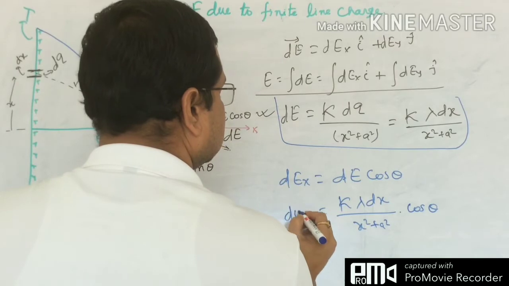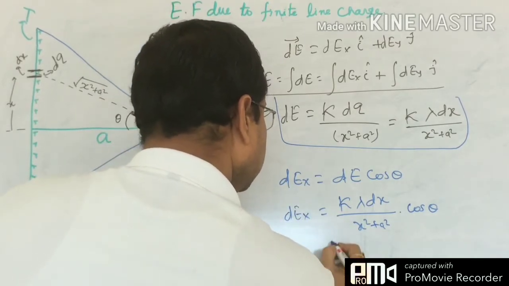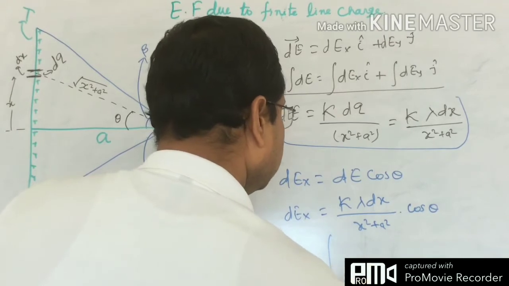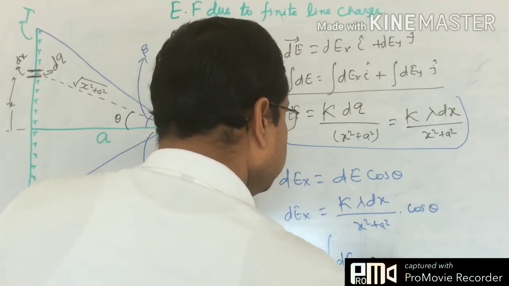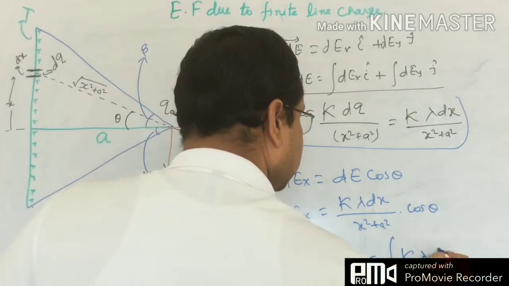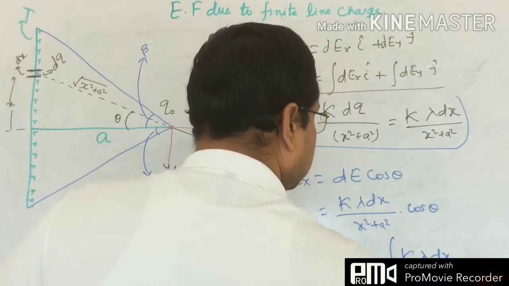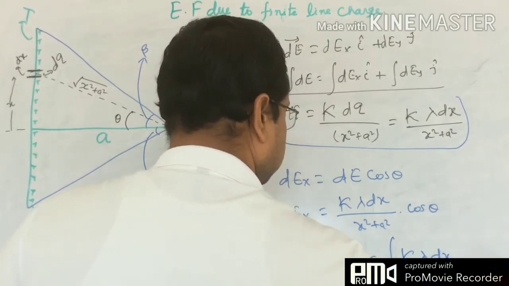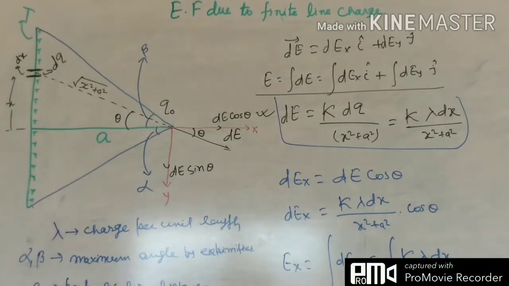So what is Ex? Ex is the integration of dEx, which means the integration of k lambda dx by x square plus a square into cos theta. That we have to find out here, and we are all very familiar with it.